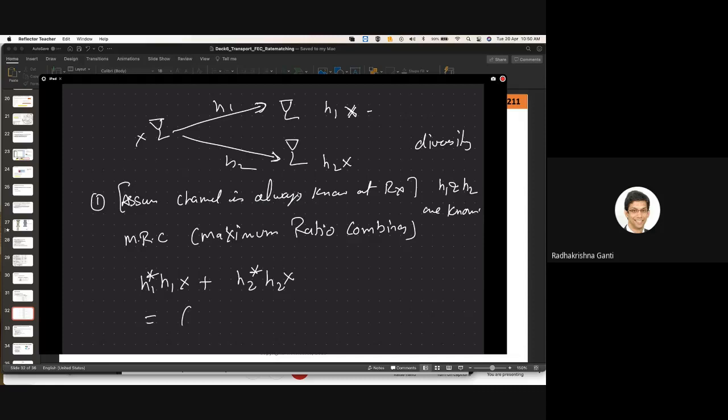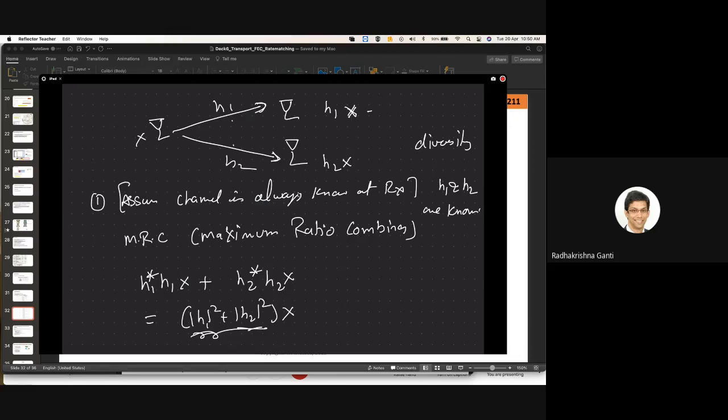So this will be equal to mod H1 square plus mod H2 square times X. What is the use of this? If these two channels are independent, then most likely both of them will not be low at the same time.